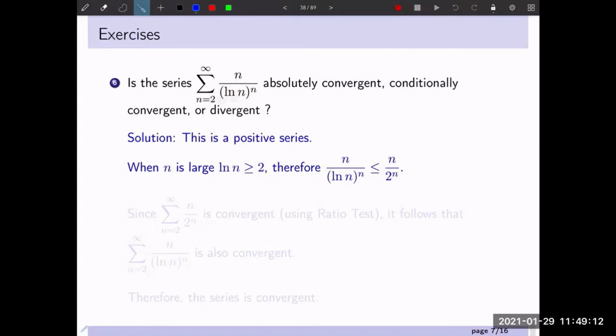So let's say it would be bigger than 2 when n is large. So this series would be smaller than n over 2 to the power n. Okay. And for this bigger series, you can use the ratio test, and this becomes easier, because it's a fixed constant. If you use the ratio test, you would get this for the bigger series.